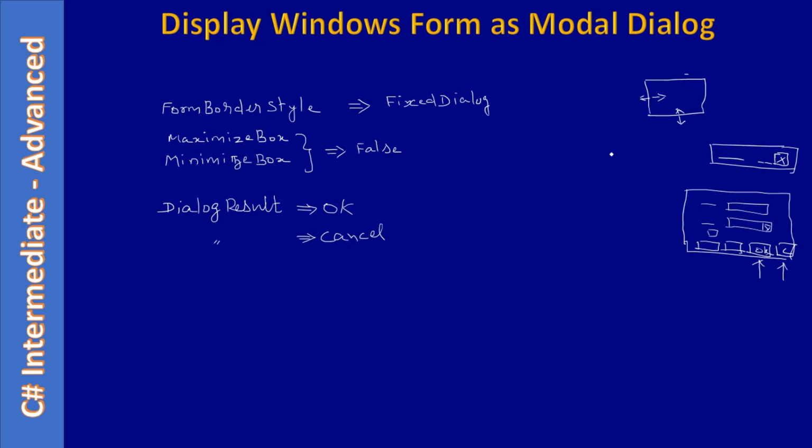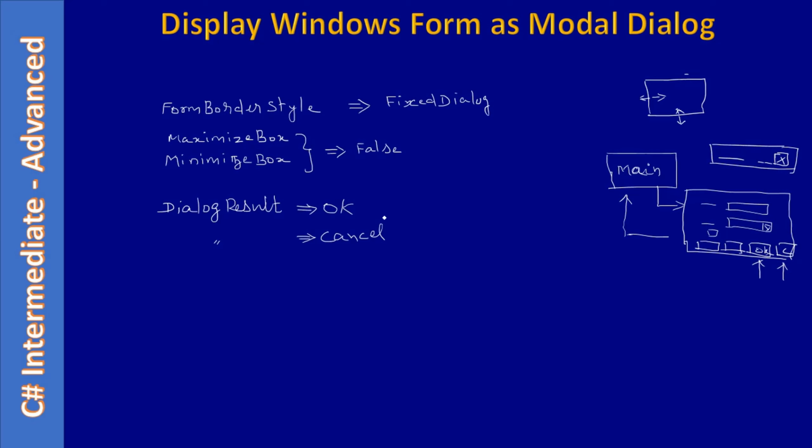So what happens? There will be a form, right? This will be our main form. So the main form will call this form as a dialog. Once the user clicks OK, what result needs to be sent to the caller? That's what these buttons specify.